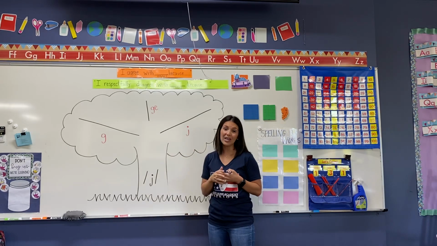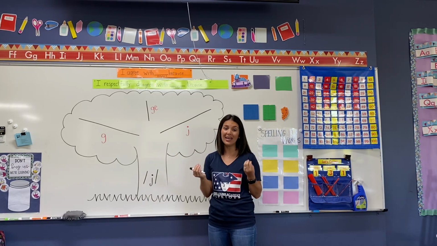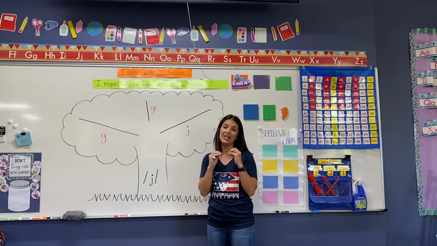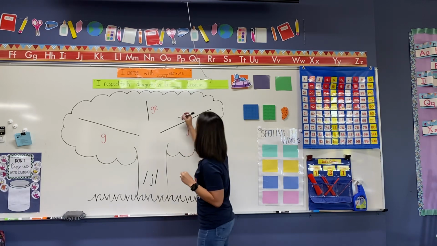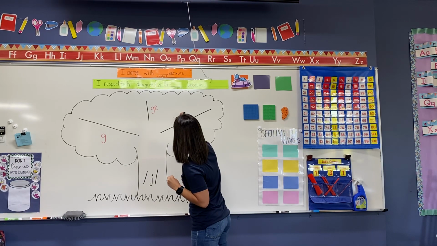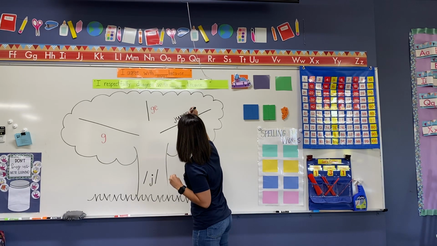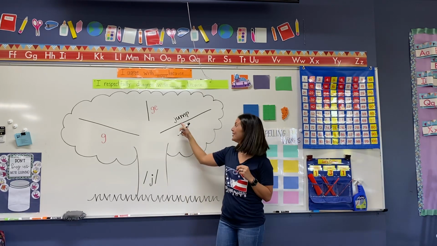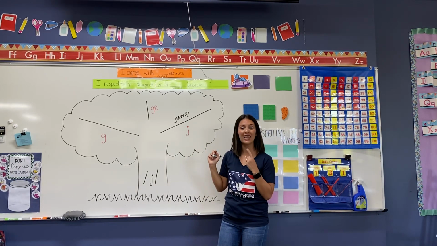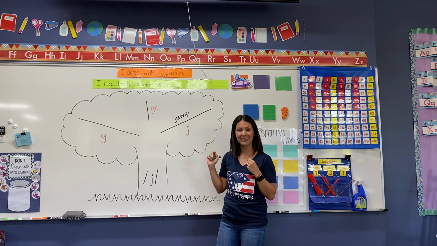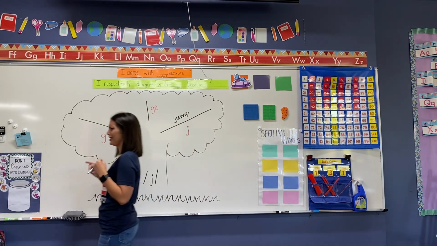So the J, we use it mostly at the initial position of a word. So at the very beginning of a word, it is most commonly used as a J, such as jump. You see the J is at the beginning.